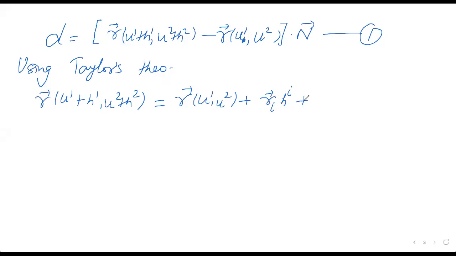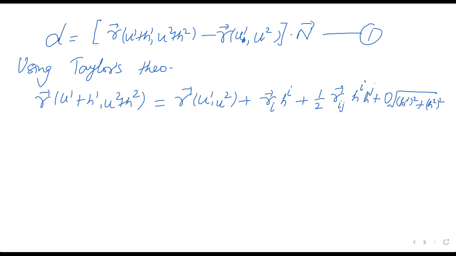Dummy index. Then the second term was H square by factorial 2, second derivatives. So I can write 1 by 2 Rij hi hj plus higher order terms. We can write this as higher order, little o, which I told you in the initial lectures.